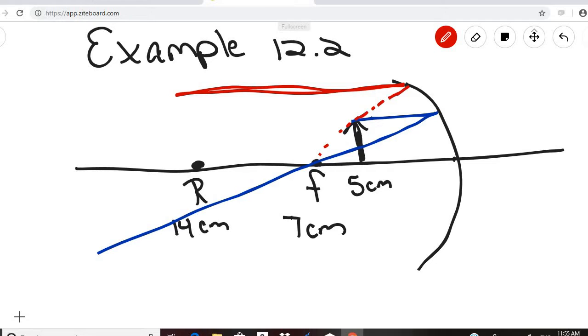And what we see from this is that the lines don't intersect. So you have to extrapolate those lines out. Where would those lines intersect?